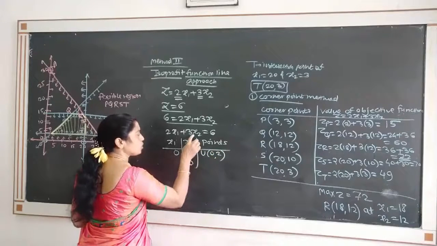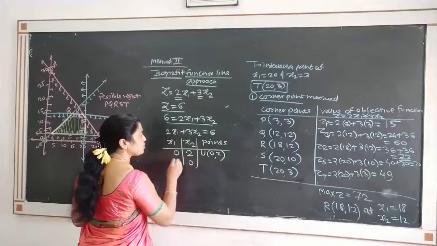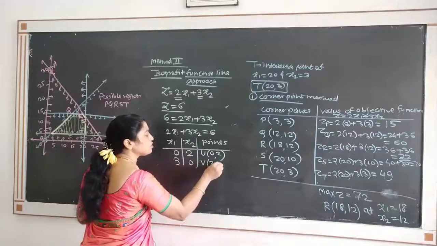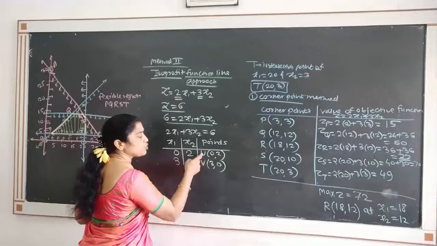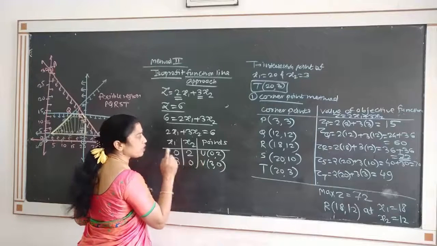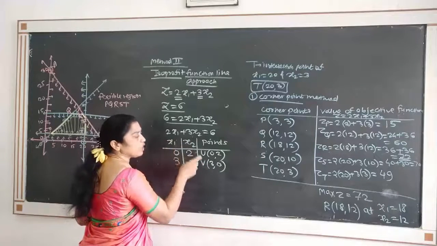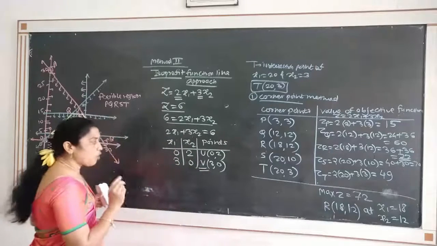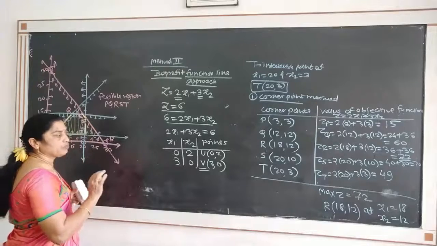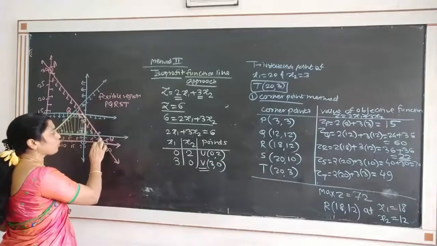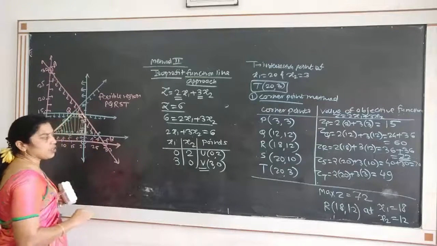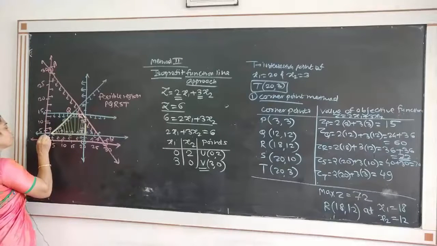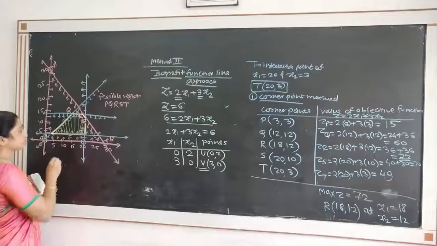And when x2 is 0, 2x1 is equal to 6, so x1 is equal to 3, that is V point, 3, 0. These 2 points U and V, when you join them, you will get the line UV, that is the objective function line. We draw the objective function line as a dotted line to differentiate it from the constraints. So draw the line through 0, 2 and 3, 0.